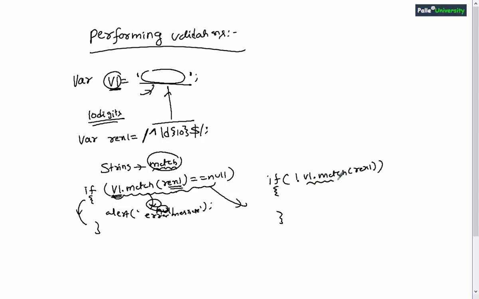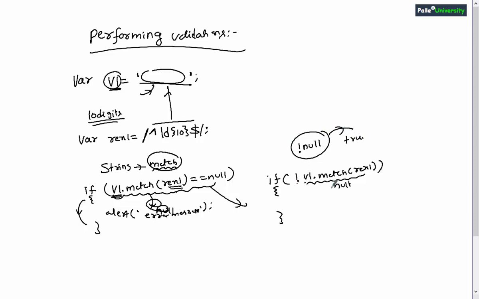Remember, in case this v1.match function is returning null, so when exactly will null be returned by the match function? If the v1 variable's content is not present as per the regular expression variable content, then only the match function will give you null. So not null means always true. Remember, as per any programming language, not null will always give you true.